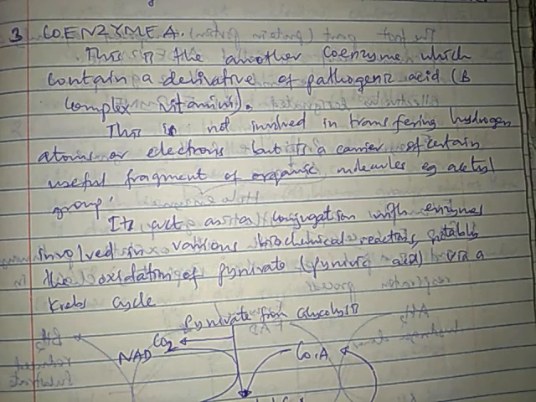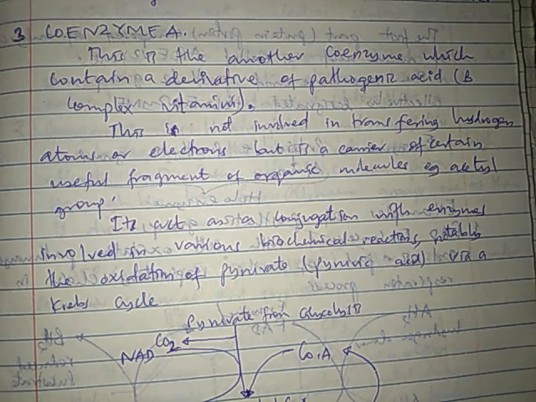Kwa hiyo kwenye process kama Krebs cycle tukienda kwenye respiration, acetyl coenzyme A, coenzyme A ana carry acetyl group from outside of mitochondria into inside of the mitochondria, yani into the matrix of the mitochondria.